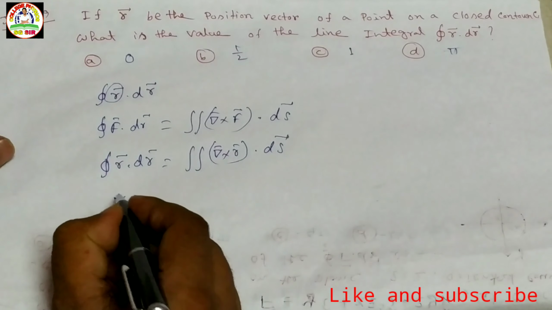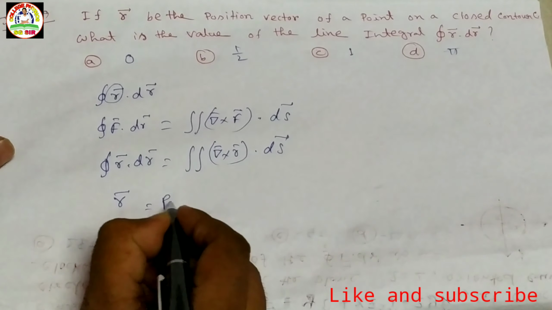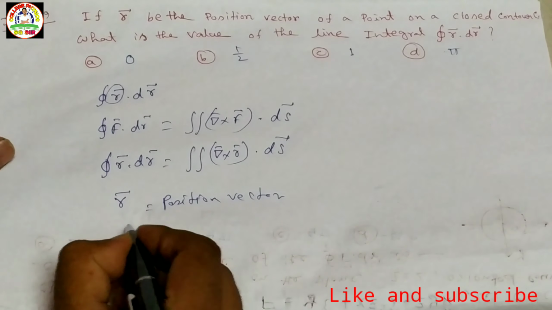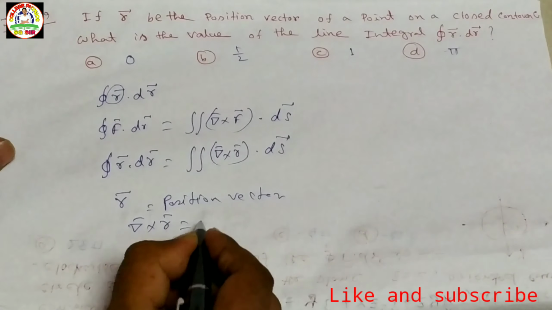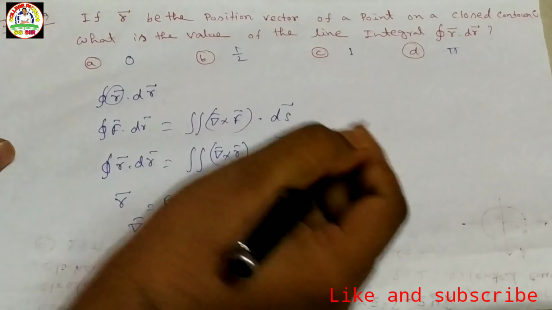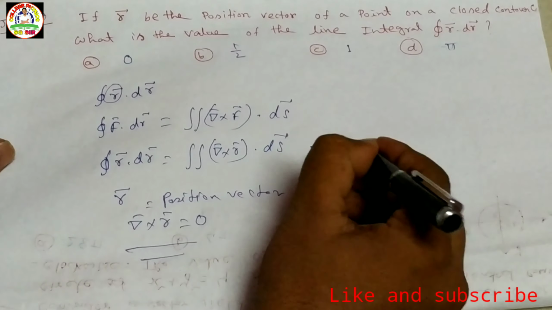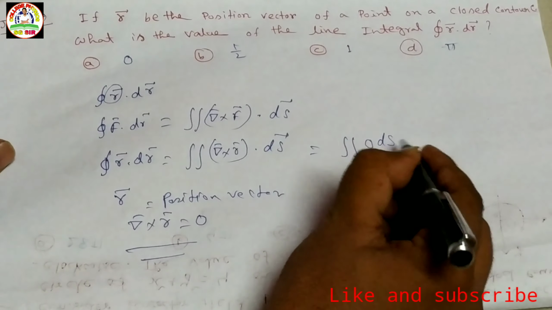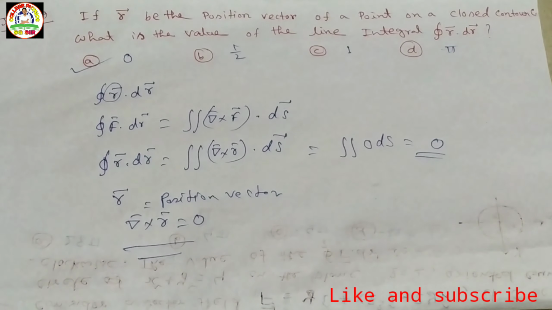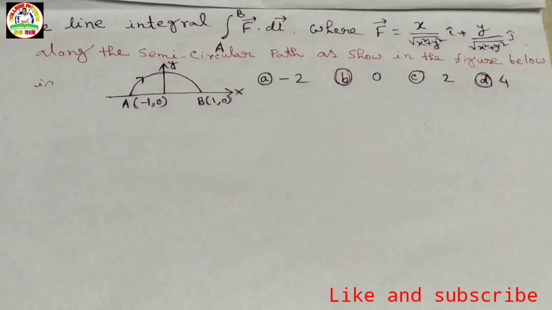Now here r is the position vector, and we know curl of r equal to 0, that we proved in my previous lecture. So curl of f is equal to 0, so 0 dot ds equal to 0. So answer is 0.